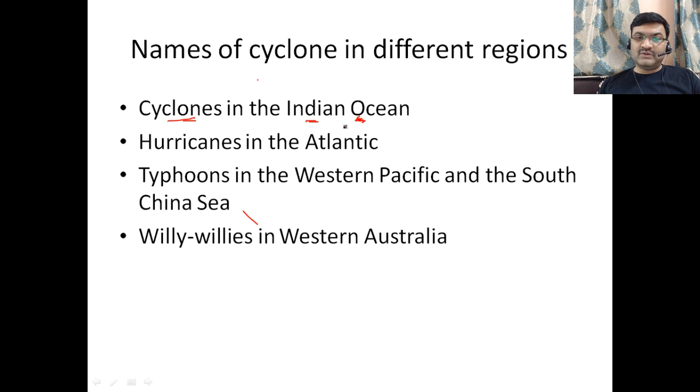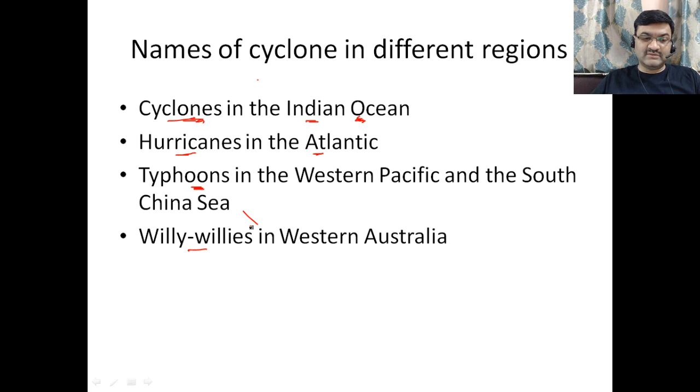They are known as cyclones in the Indian Ocean, these low pressure systems. They are also known as hurricanes in the Atlantic, in America and all. In the case of the Pacific and South China Sea, they are known as typhoons, and in Australia, these cyclones are referred to as willy-willy.